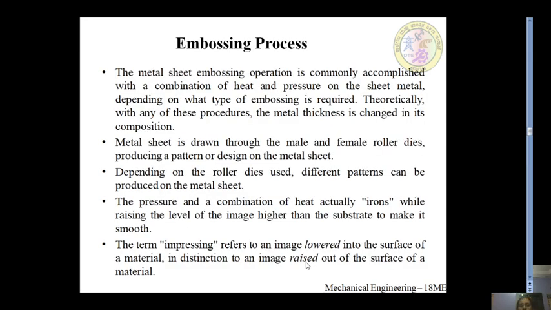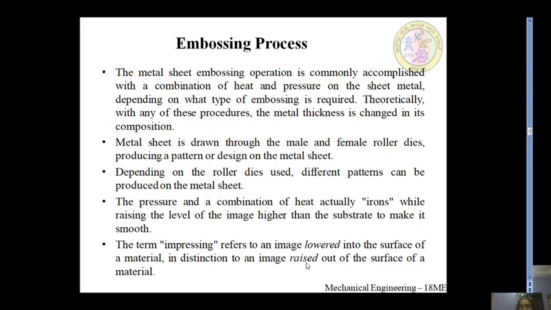The metal sheet embossing operation is commonly accomplished with a combination of heat and pressure on the sheet metal, depending on what type of embossing is required. Theoretically, with any of these procedures, the metal thickness is changed in its composition. The metal sheet is drawn through the male and female roller dies, producing a pattern or design on the sheet.